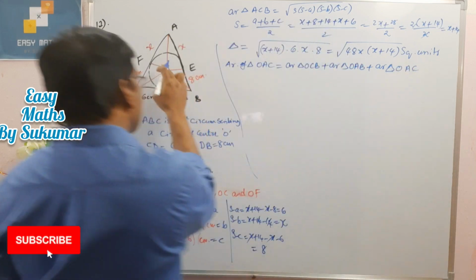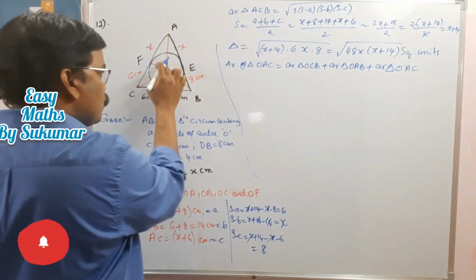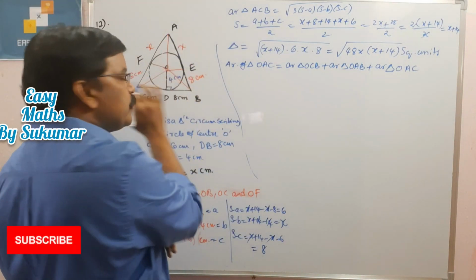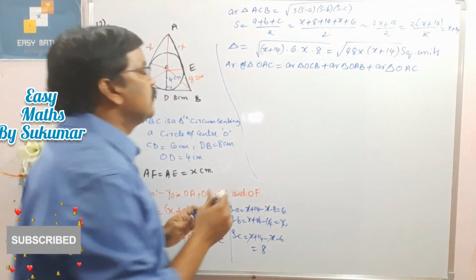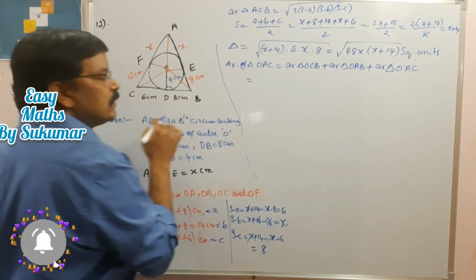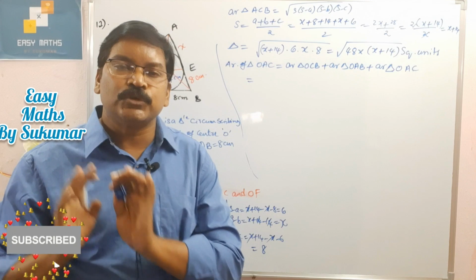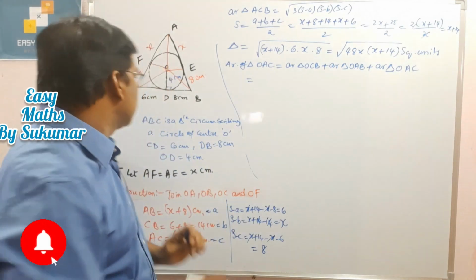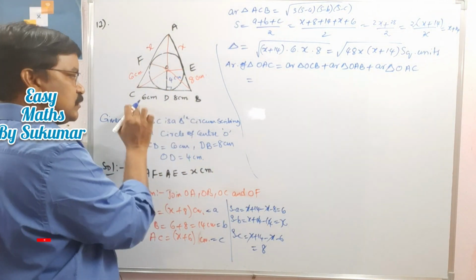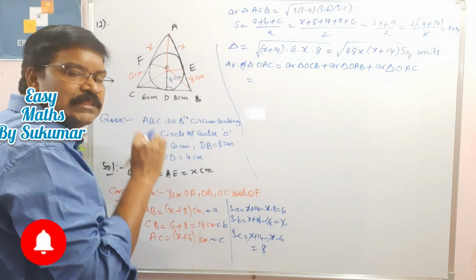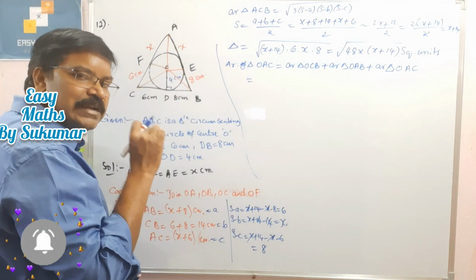Area of a triangle is half into base into altitude. Here the base is 14, 6 plus 8 is 14, the altitude is 4 centimeters. The 4 centimeters is called the radius of the circle.